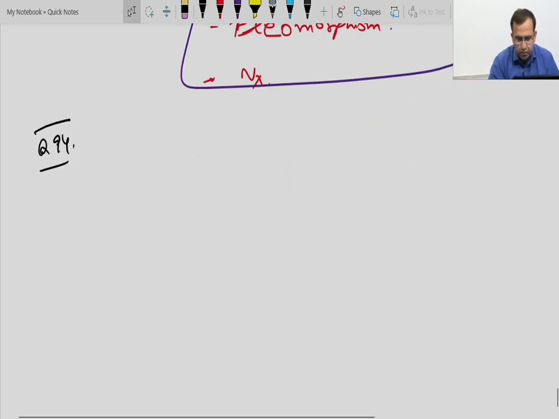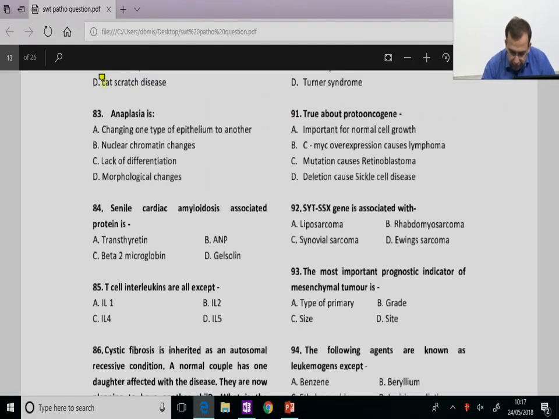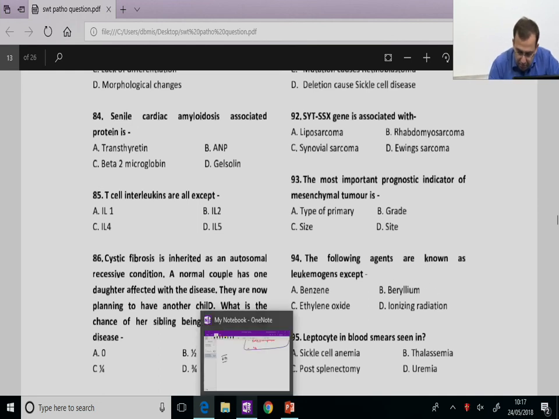Next, question 94. The following agents are known as leukemogens except: benzene is, ethylene oxide is, ionizing radiation is. The answer is B, beryllium.